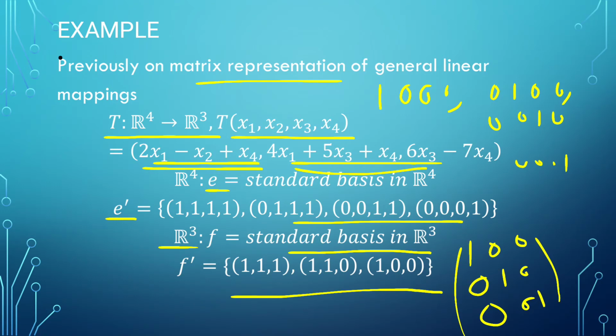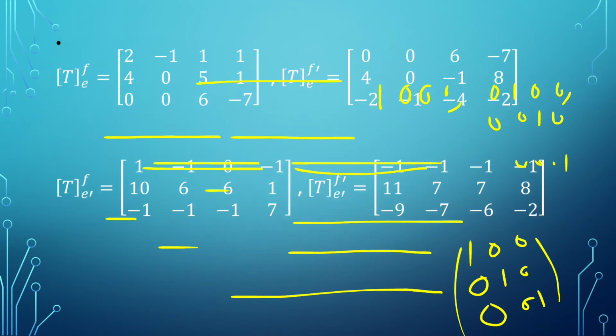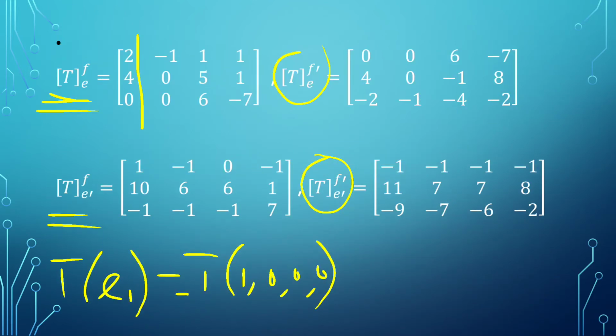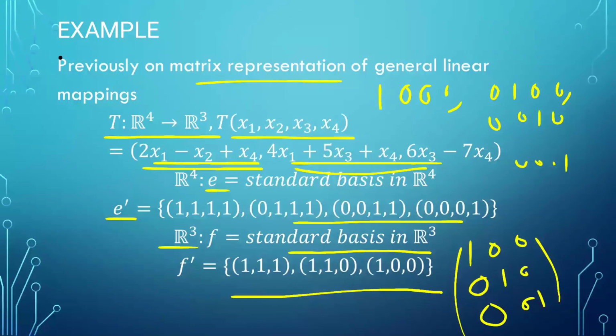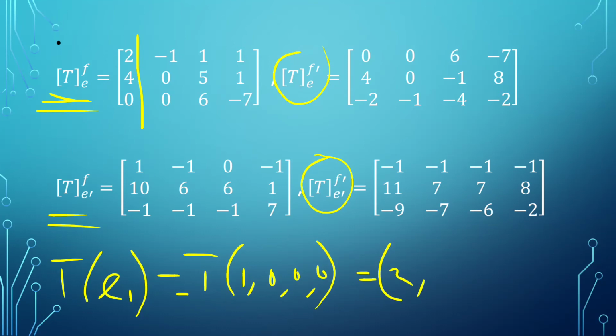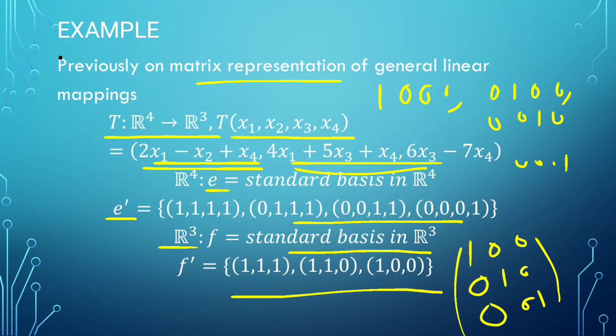So that's the reason we have 2, then next 4, because x1 is 1, 4 times 1 is 4, and for the other one, x3 is 0 and x4 is 0, so that becomes 0.